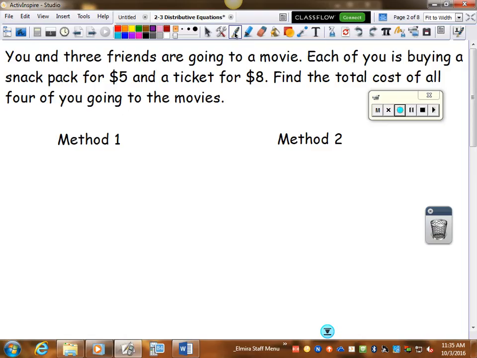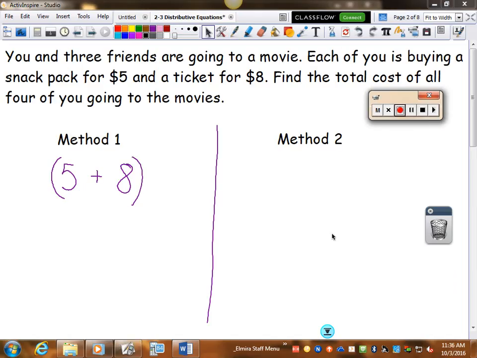Okay, so one way that you could solve it is to say the cost is $5 for a snack pack and $8 for a ticket, and together that is $13, but then you're multiplying that by 4.